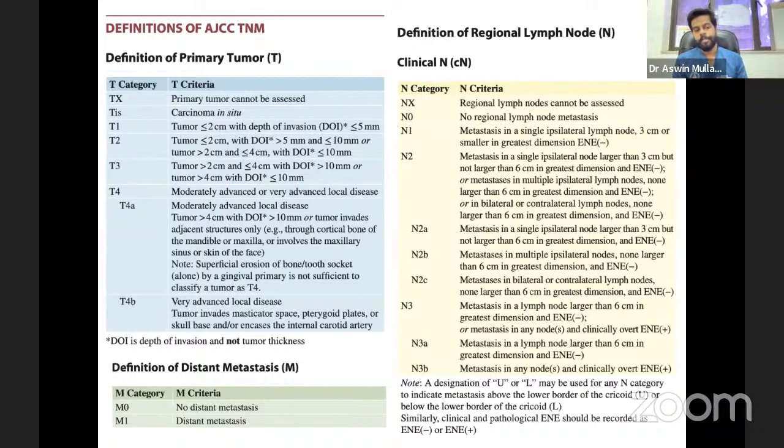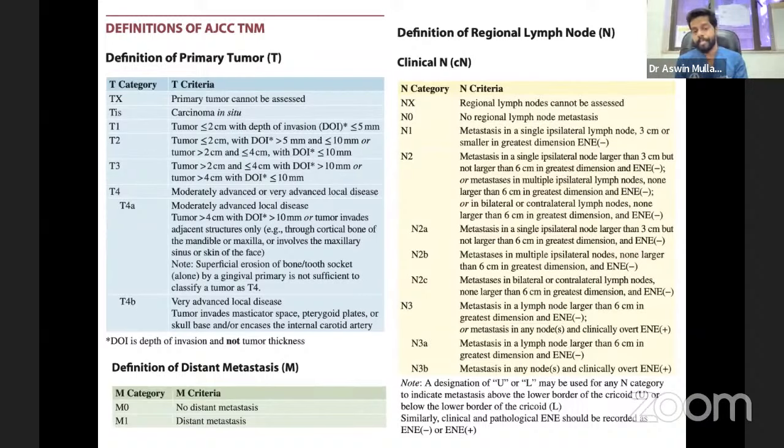Then T1, T2, T3: the staging depends upon the primary tumor size. In the latest edition, there is something called depth of invasion, that means from the basement membrane to the deepest point of invasion. Some studies tell us that depth of invasion has important prognostic value.